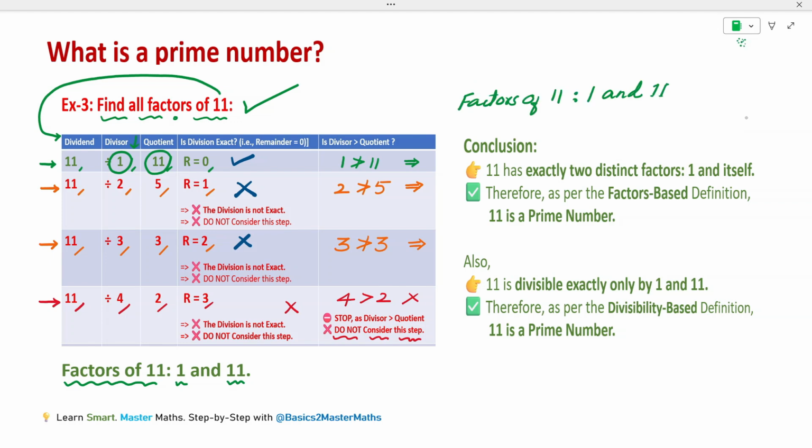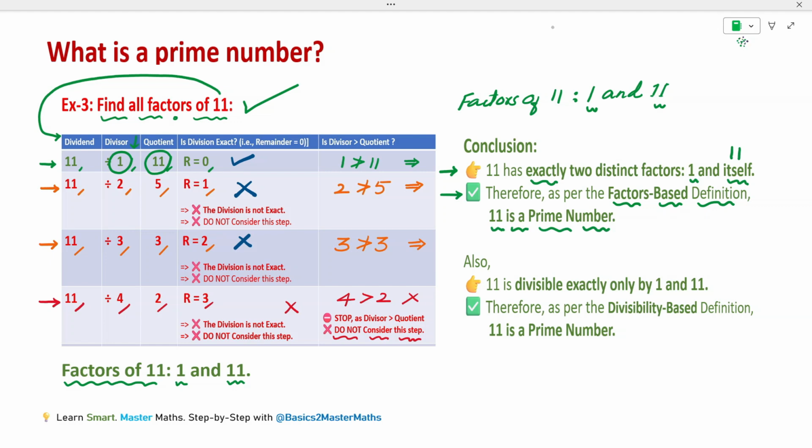Now, observe here, 11 has exactly two distinct factors, 1 and itself. Therefore, as per the factors based definition, 11 is a prime number. Got it?